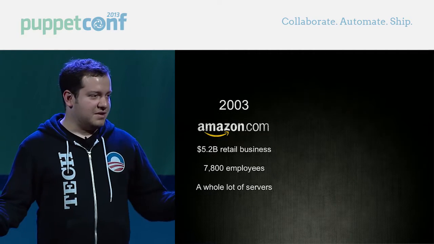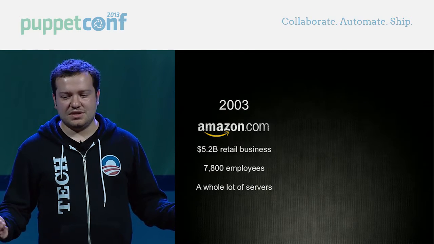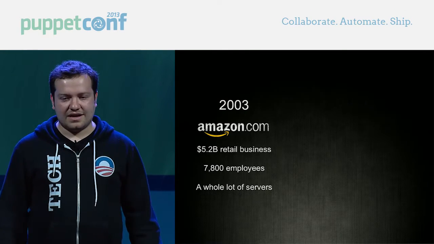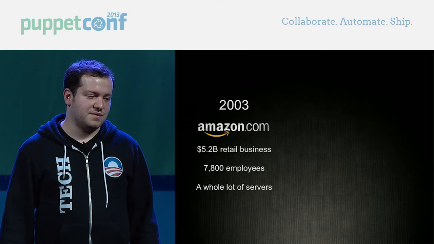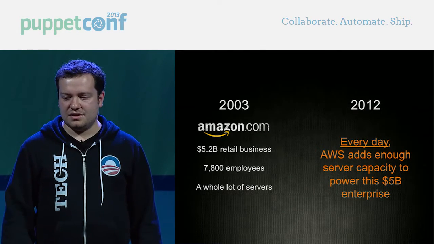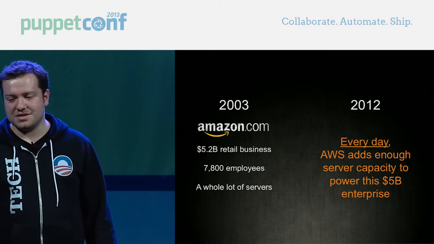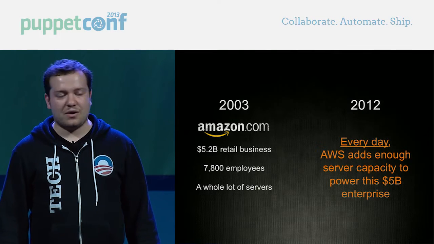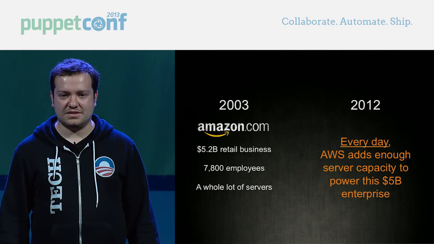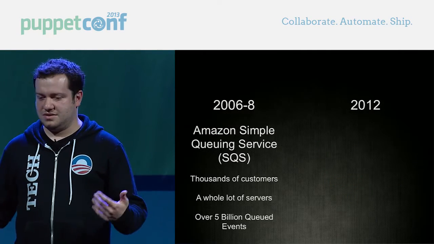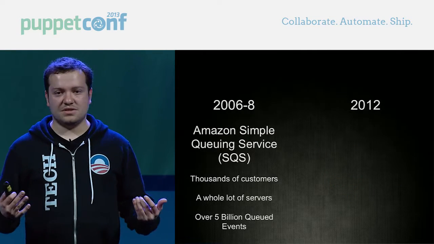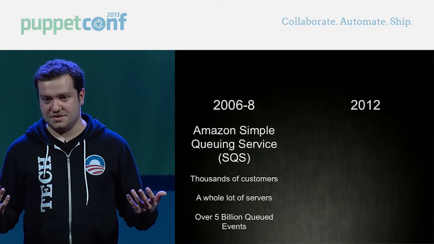So let's talk about the scale of Amazon Web Services, right? In 2003, Amazon.com was around a $5 billion retail business. It had a whole lot of servers, right? So every day in 2012, AWS adds enough capacity to power that whole $5 billion enterprise. Now SQS, the Simple Queue Service, was actually the first Amazon Web Service.